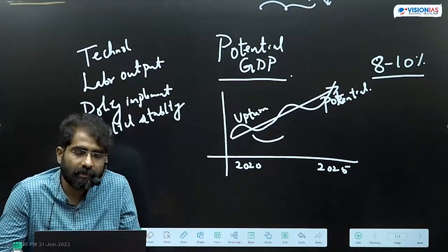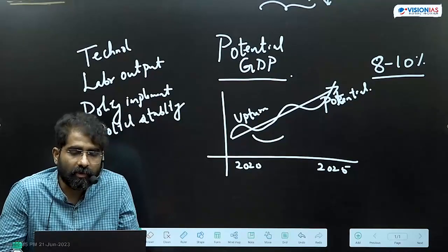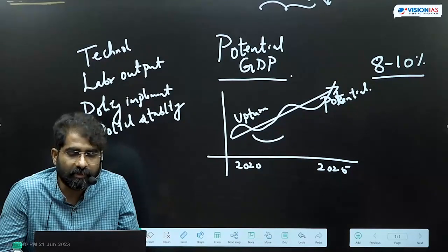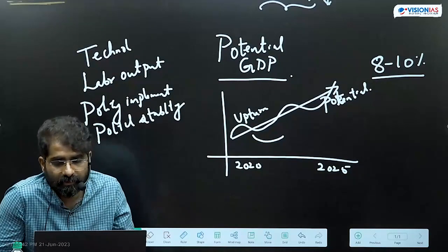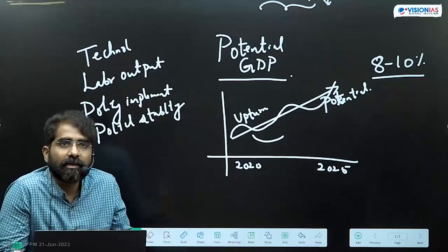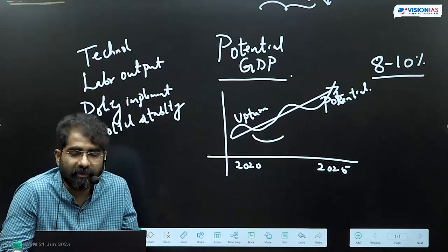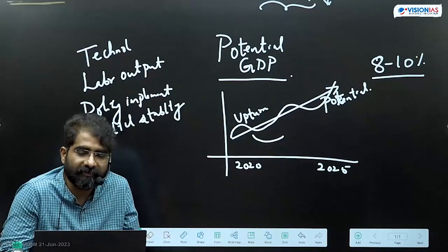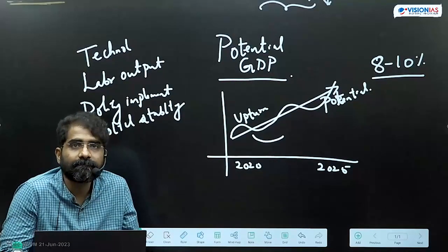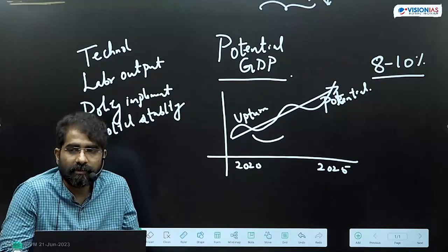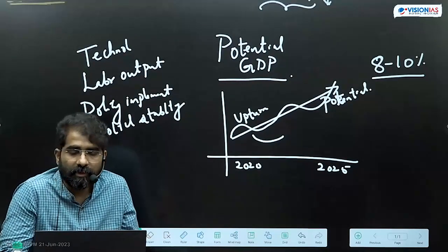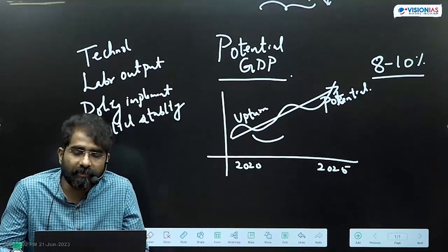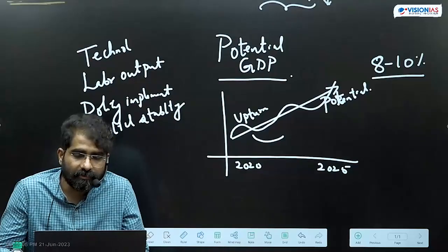Example, a country with a strong manufacturing sector can have a higher potential for growth than economies relying on agriculture.